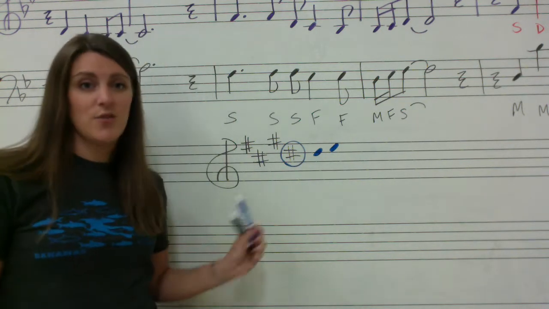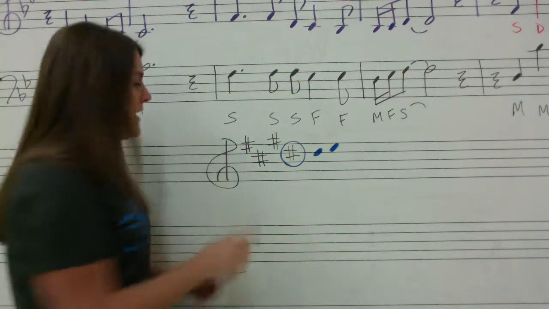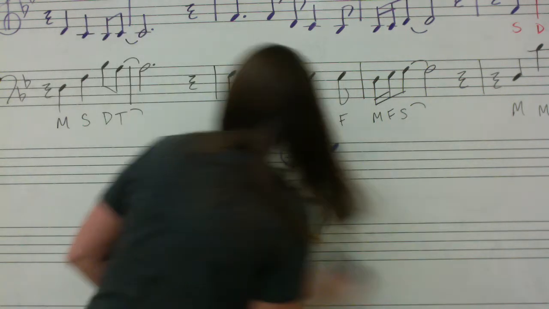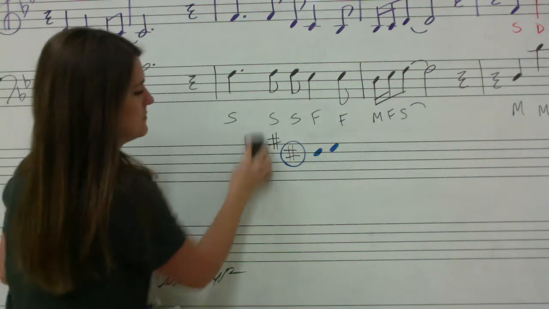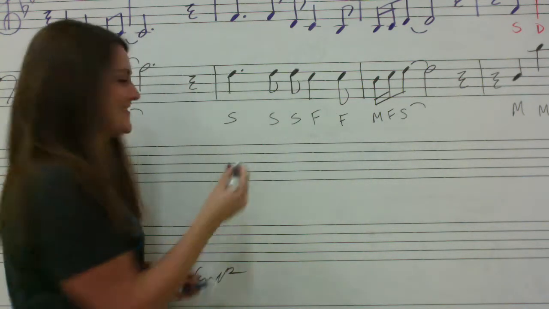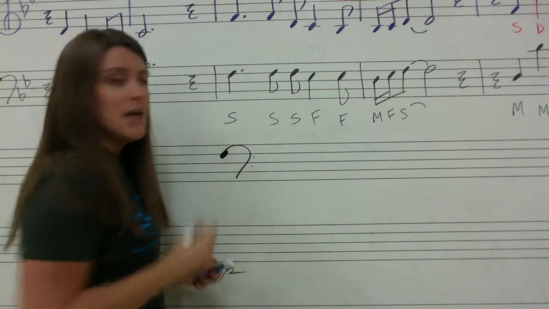The big thing that's going to confuse you, but it shouldn't confuse you, is this bad boy right here, okay? This is called a treble clef. But sometimes in our lives, men, we have these things called bass clefs, okay?